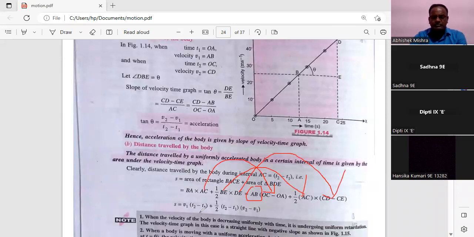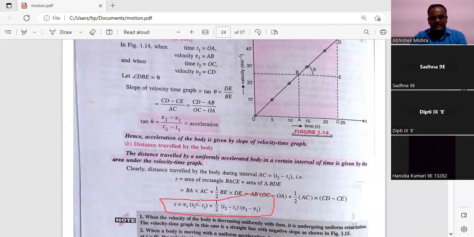We know AB is equal to V1, then OC minus OA, that means T2 minus T1, plus half, again AC is coming, T2 minus T1, and CD minus CE, that is V2 minus V1. So with the help of this formula, we can calculate the distance covered by the body.